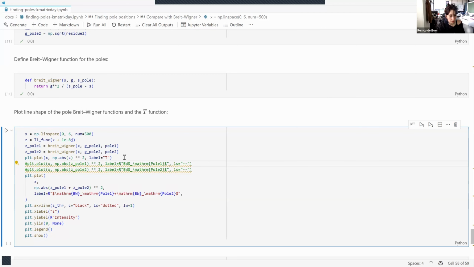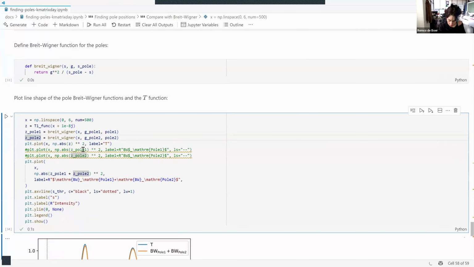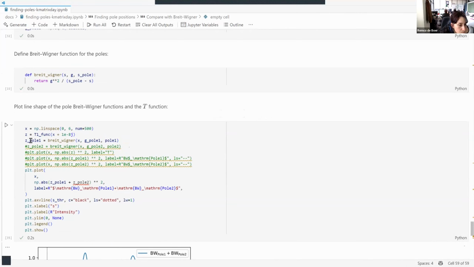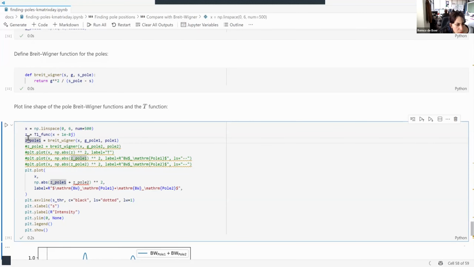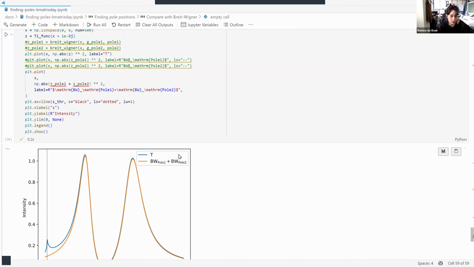I'm commenting this out. Okay. So I want to show the plots, not all at the same time, but in a row. So first, we see here what we already know.